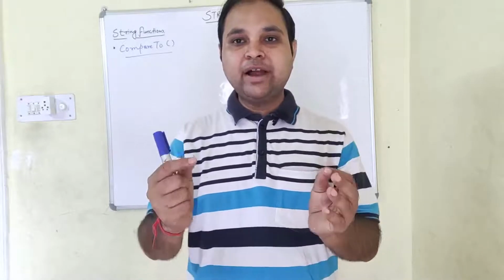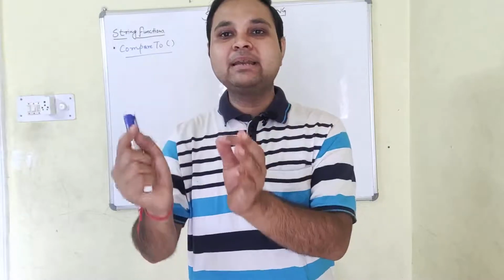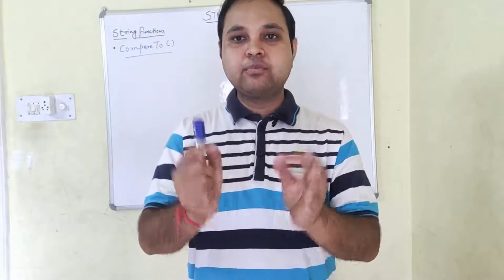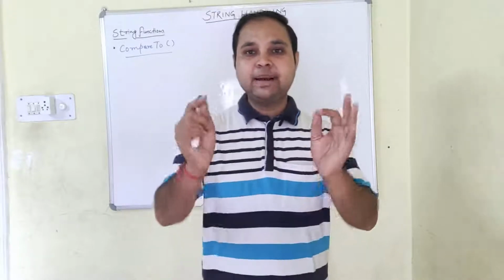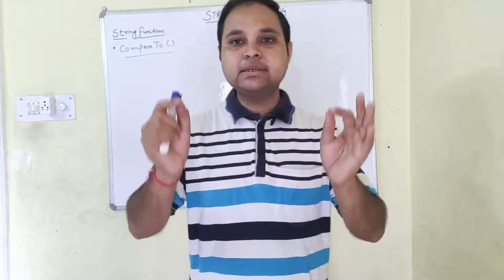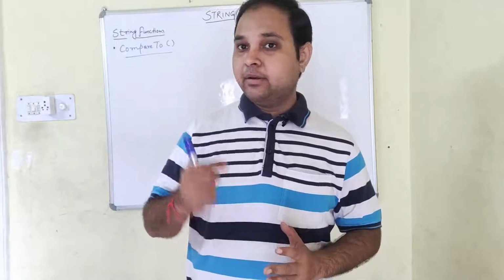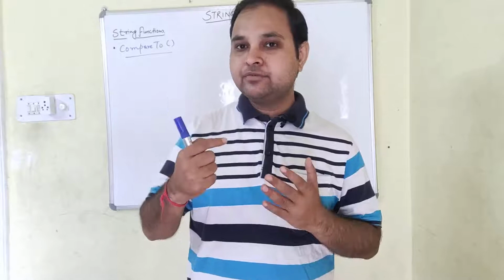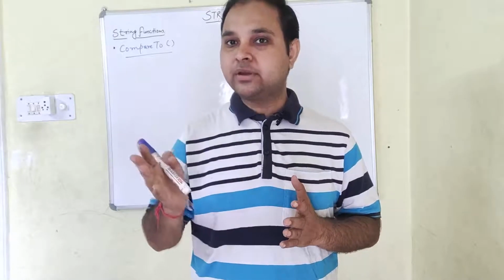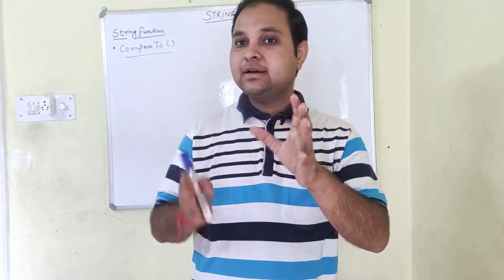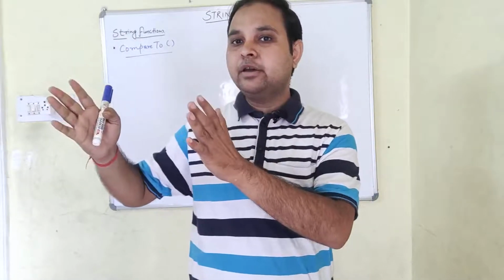Now we find the difference of the ASCII values: 65 minus 66 gives you minus 1. Is it clear? Now, as we get minus 1, the negative shows that the first string is smaller than the second string. The first string we have taken is apple, so apple is smaller than banana.